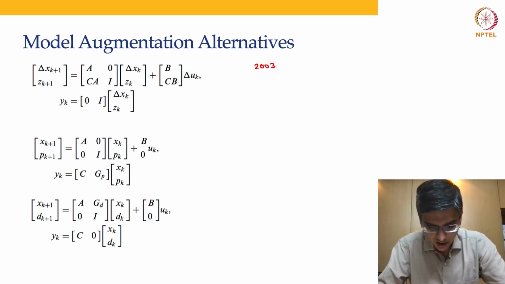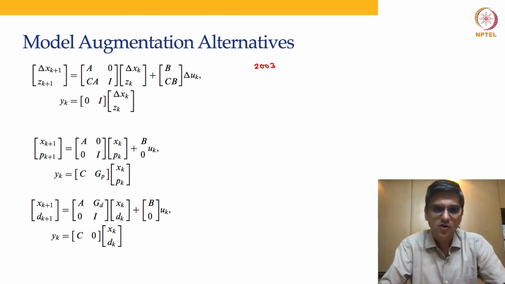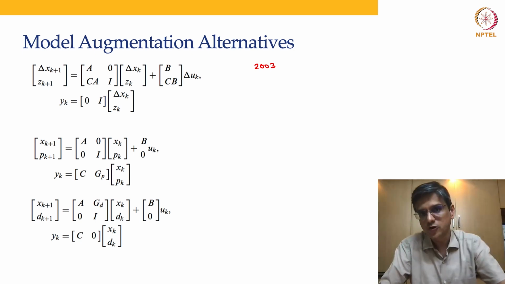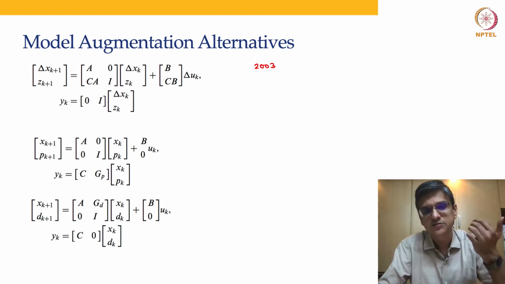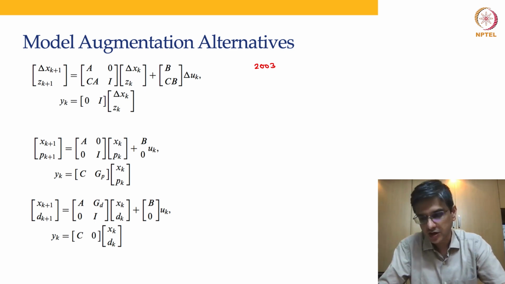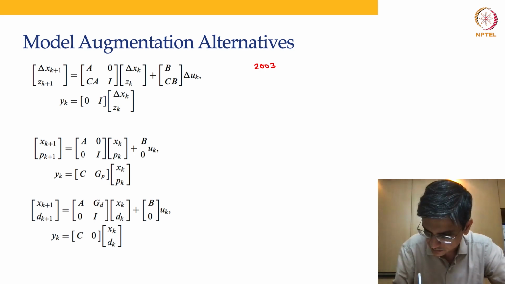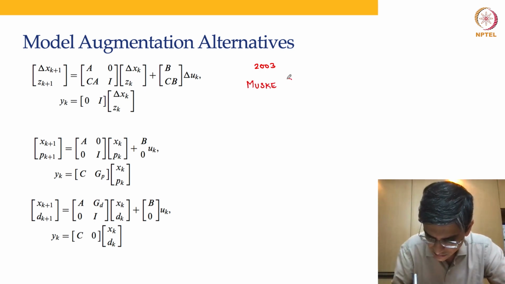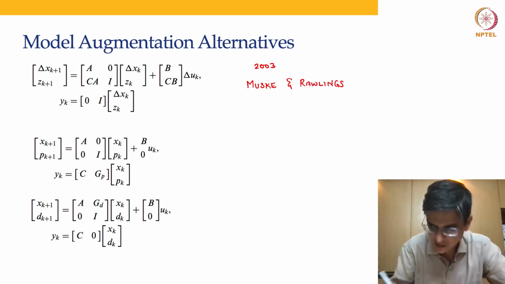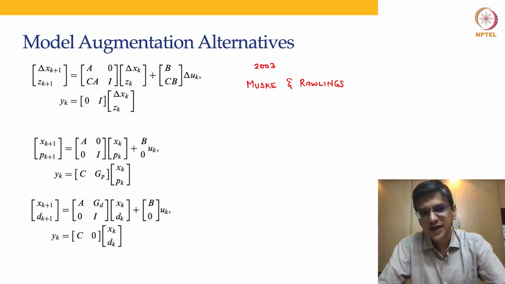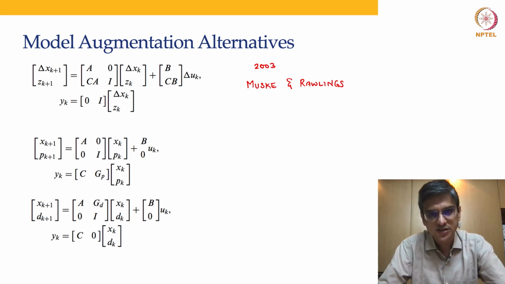Right, and so they talk about various ways of model augmentation: output augmentation, output disturbance model, input disturbance model, state disturbance model, and a combination of these. This is from Muske and Rawlings, perhaps. Okay, and they have used the case of an input disturbance model.